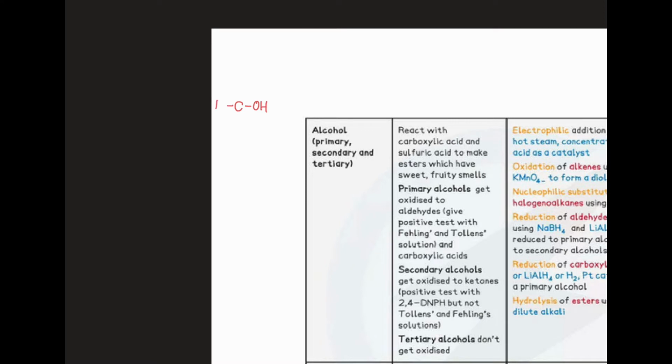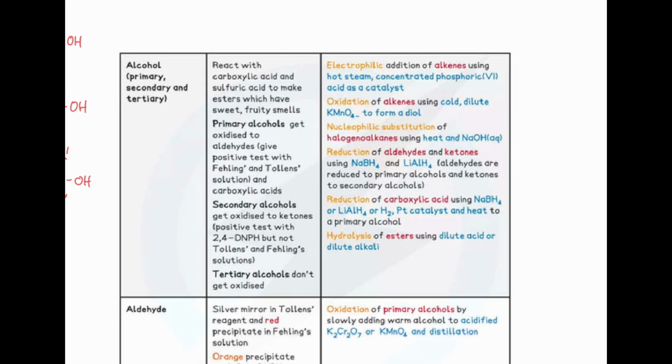If this carbon is linked to one R, then this is primary. Secondary is where the carbon linked to OH is linked to 2 R. And tertiary, the carbon linked to OH is linked to 3 alkyl groups. Then this is tertiary.